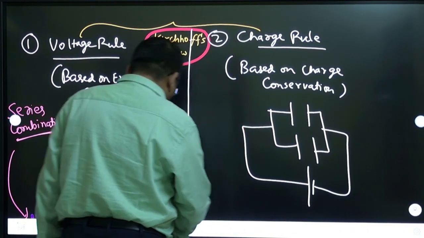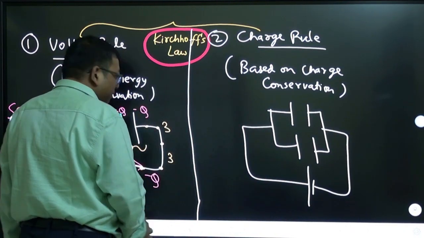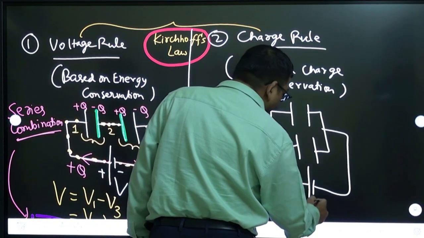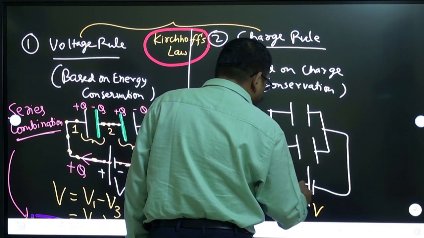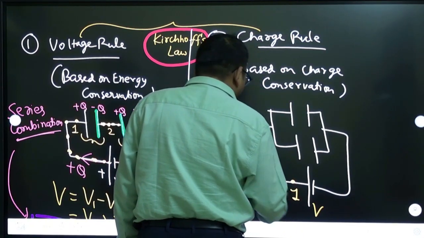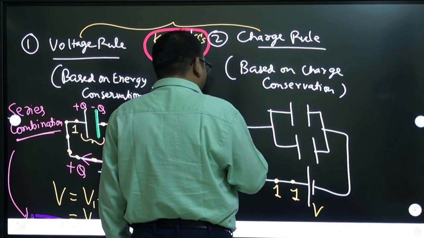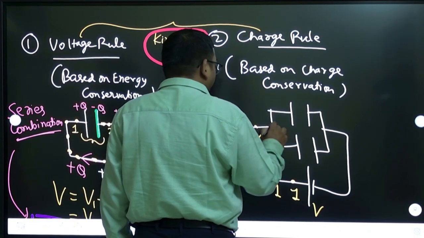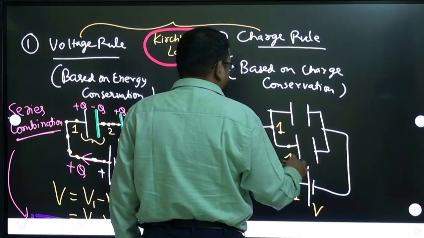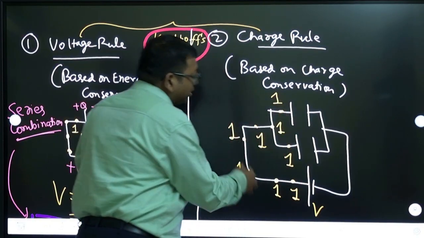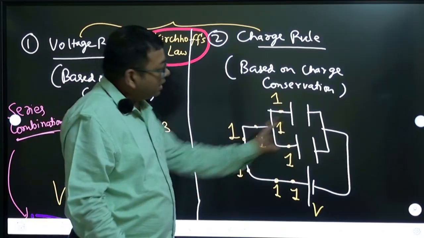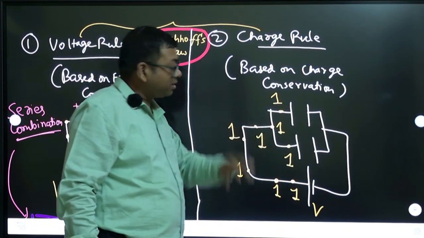Now here you need to understand the important point. Suppose I have taken the potential difference as V, and let us say I have taken this point as 1. So all these points are going to be 1, because nothing is connected till now here. That side we cannot take as 1 because that is another side.